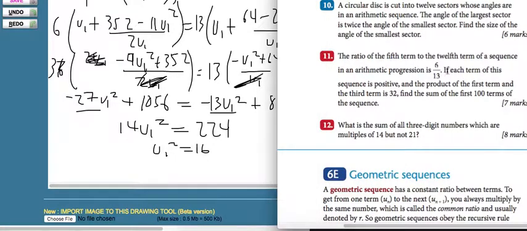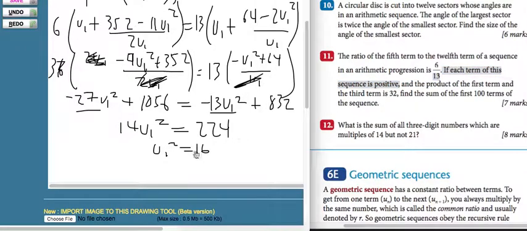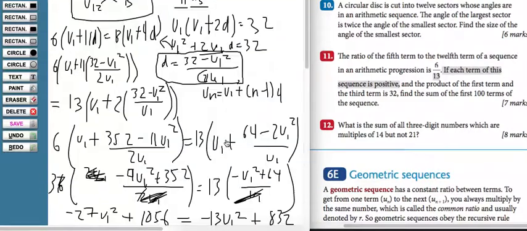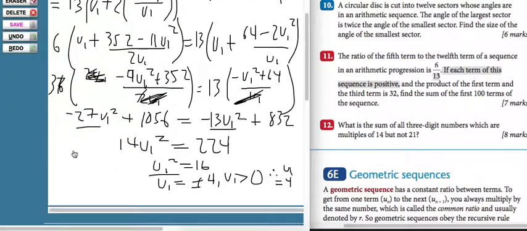And now we have to use the restriction. Each term of the sequence is positive. We know the first term is going to be positive. u1 is the first term, so we have u1 equals plus or minus 4. u1 is greater than 0 according to the restriction, so therefore u1 equals 4. So the reason we're trying to solve for u1 is because we know two formulas that are able to calculate the sum of an arithmetic progression.